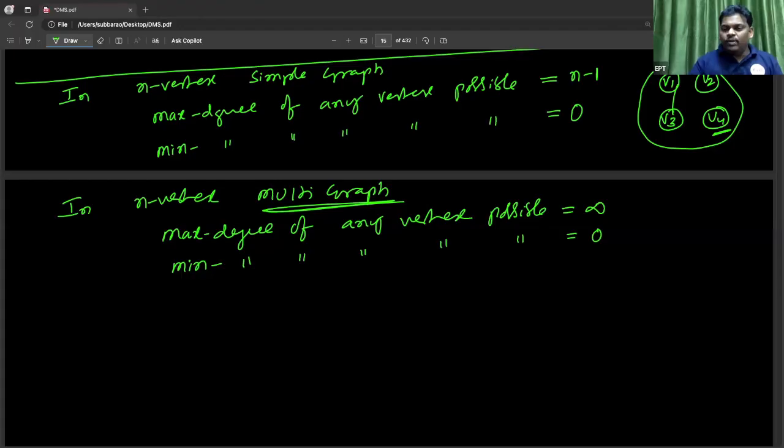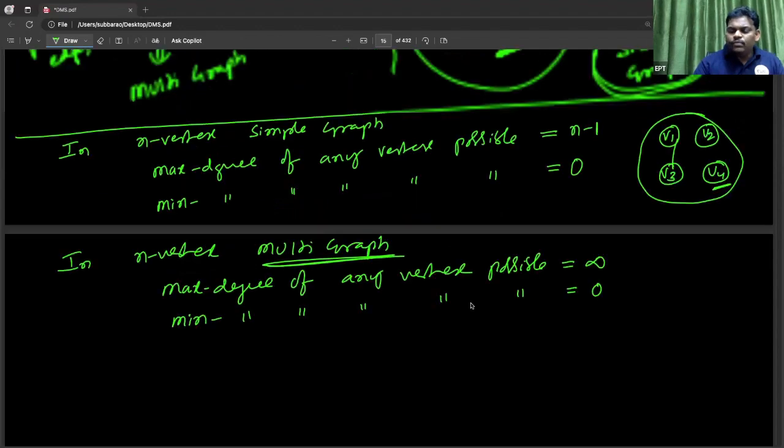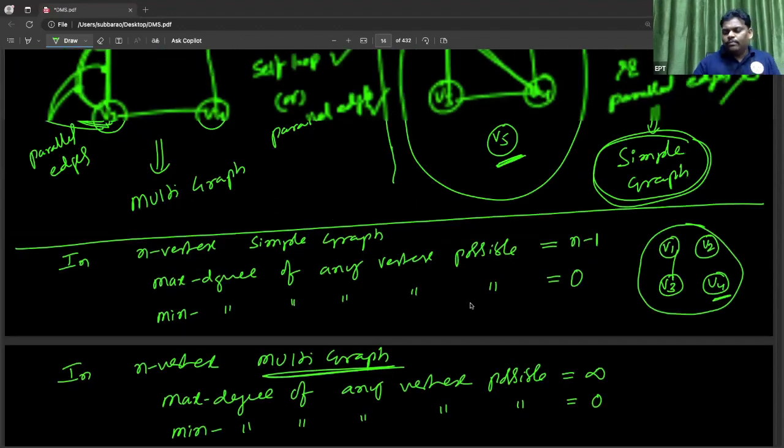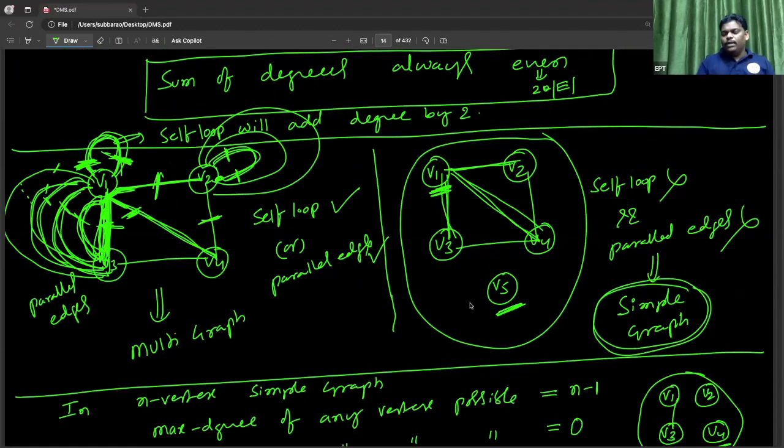Because you are really comfortable, can you see the next one? Can you see the definition for simple graph one more time? No self loop, no parallel edges. If anything extra, it is a multigraph. If nothing extra, since self loops and parallel edges are unnecessary, that is called a simple graph.